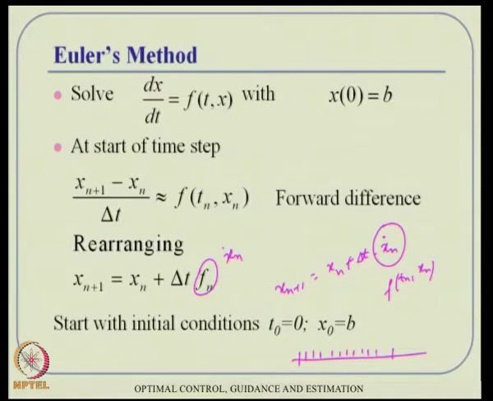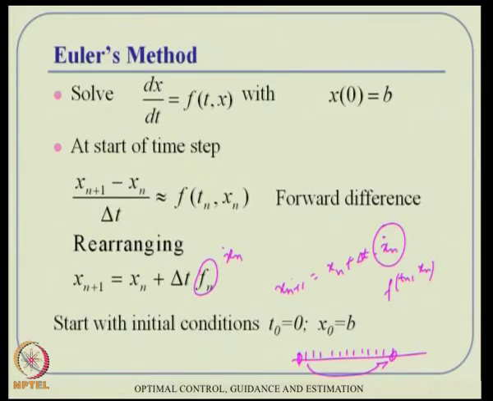I have to repeat this computation so many times before I go from here to here, whereas in the other method I can go directly there. That means even if I am using a little more computation for every step, I have to work with fewer steps. So these are the advantages and drawbacks.